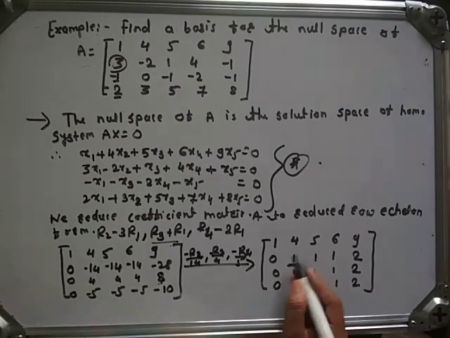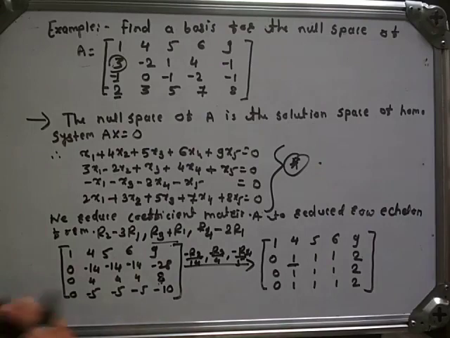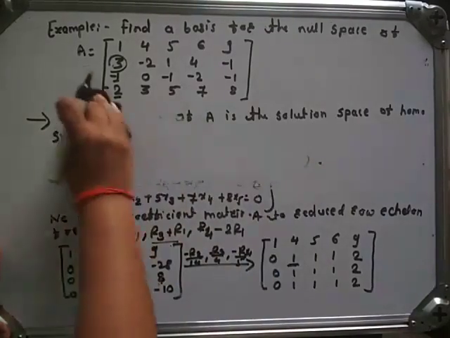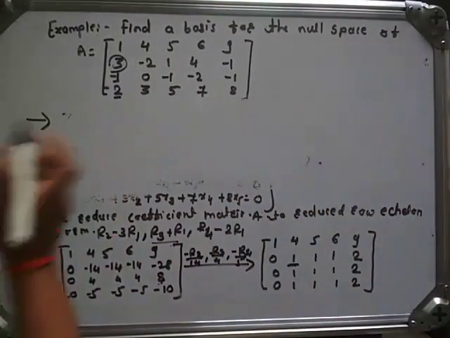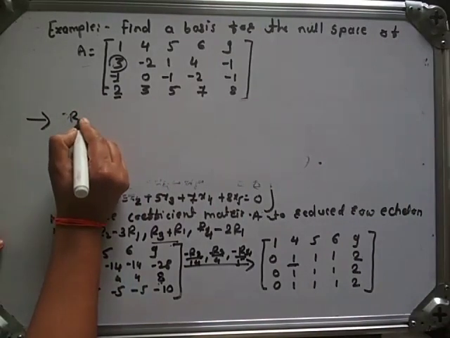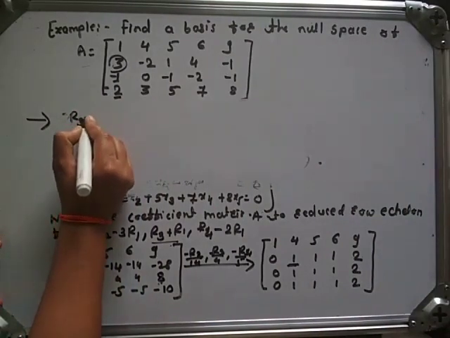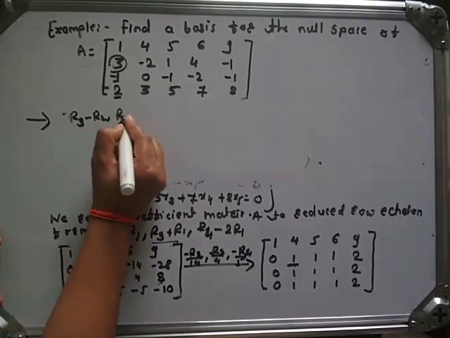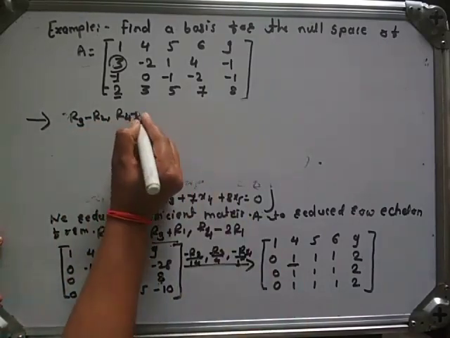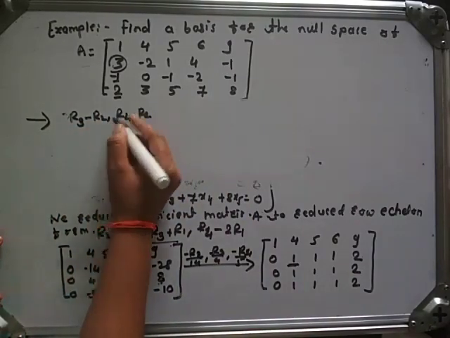This one is a leading one for this row. So here we require 0 and here also we require 0. For that purpose we will perform the row operations R3 minus R2 and R4 minus R2.